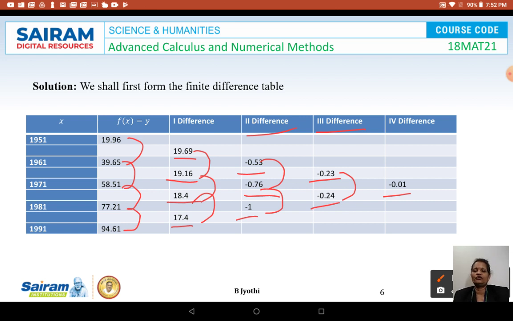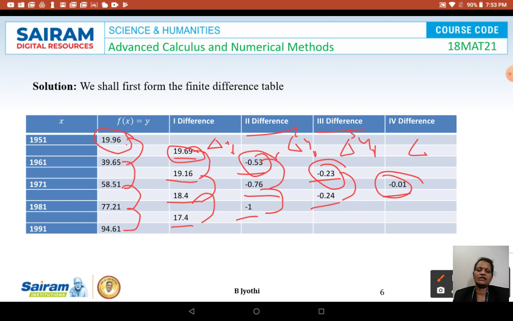Here, for 1955, that is the first one, we need to concentrate on these values. Respectively, this is our y0, and this will be del y0, this will be del square y0, this is del cube y0, and this is del power 4 y0.